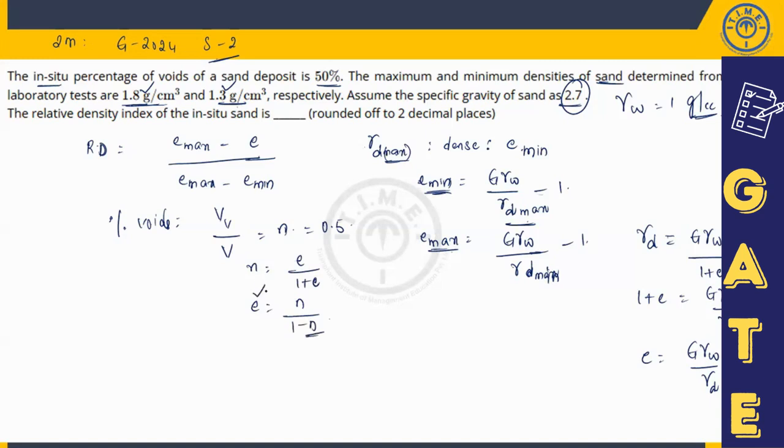From this we will be getting the value of e, e minimum and e maximum. On substitution we will be getting relative density. Take a couple of minutes and tell me the answers, my dear students. How much is e? How much is e maximum? How much is e minimum?